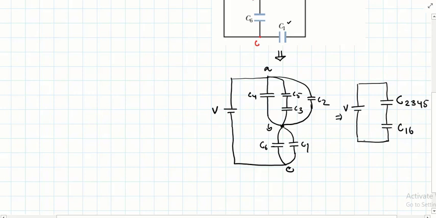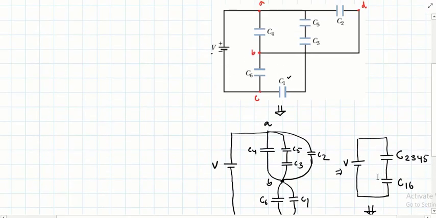Then this equivalent would be, you can draw one more line, the equivalent capacitance C equivalent. That's what they are going to ask. If I can find the C equivalent, I will also be able to find Q equivalent. So this is the first and second question they asked.